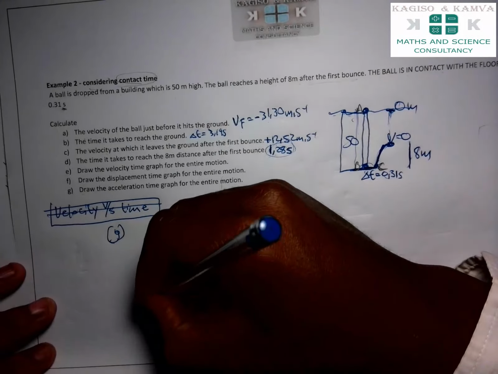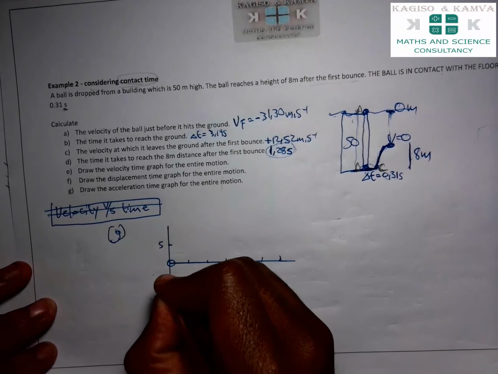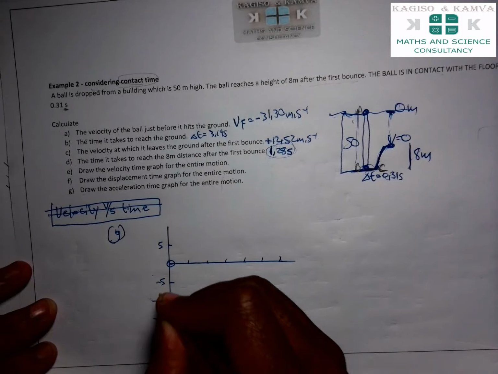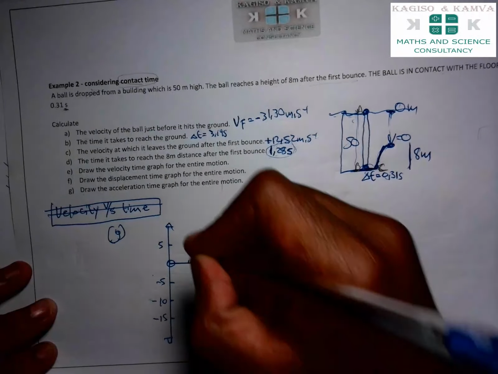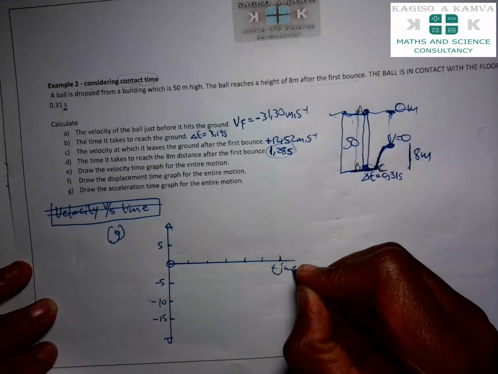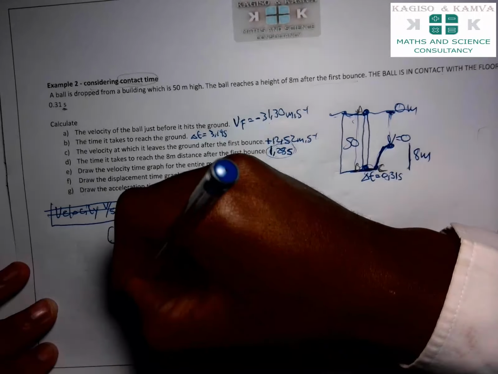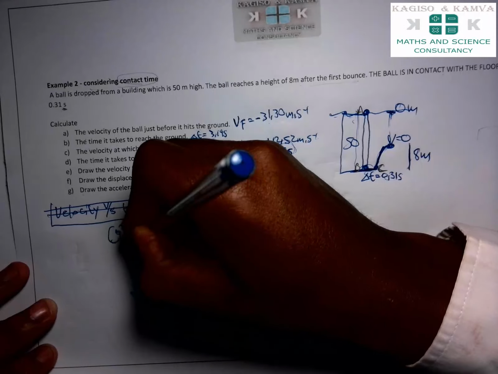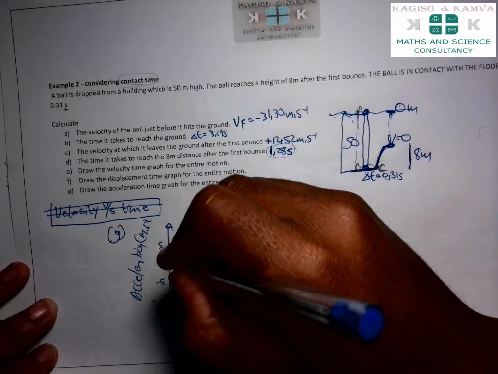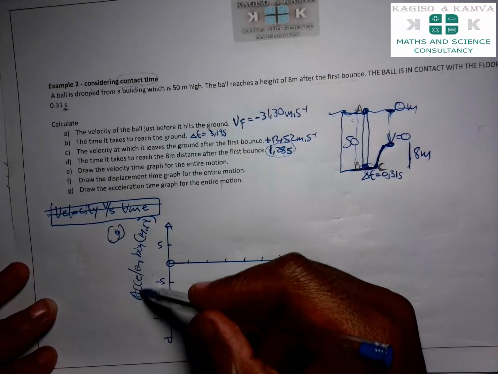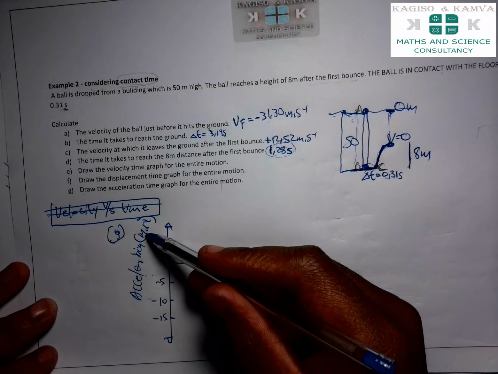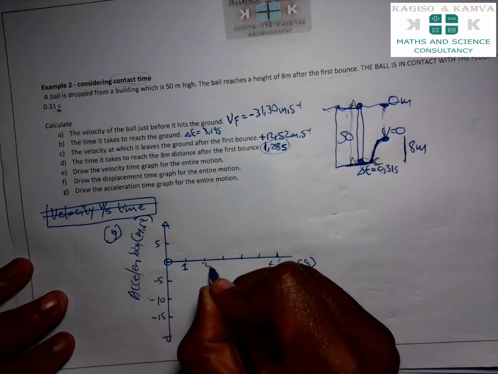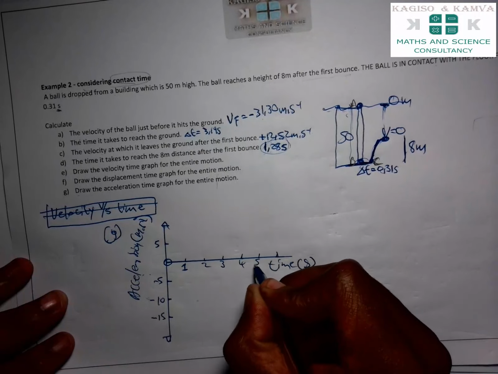This is the time in seconds, and this is going to be the acceleration in meters per second squared. So guys, you must also write this side, the dependent variable and the units.